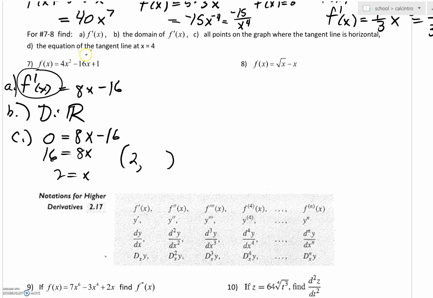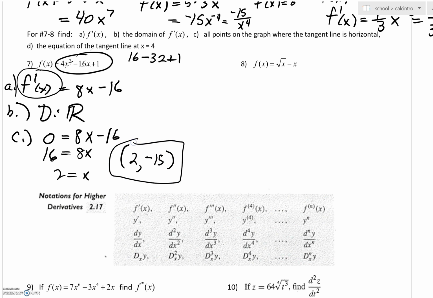Well, if you were to plug in a 2 here, 2 squared is 4. 4 times 4 is 16. 16 times 2 is 32. So 16 minus 32 is negative 16. Negative 16 plus 1, I'm getting negative 15. All right, we good?